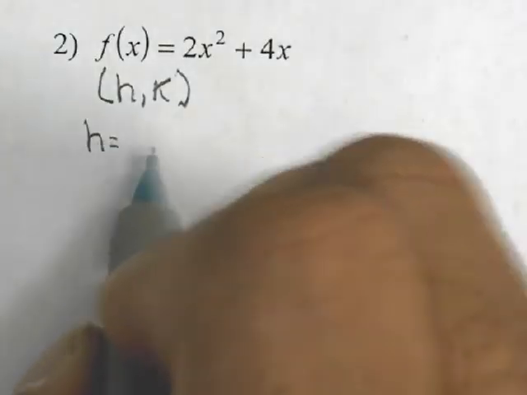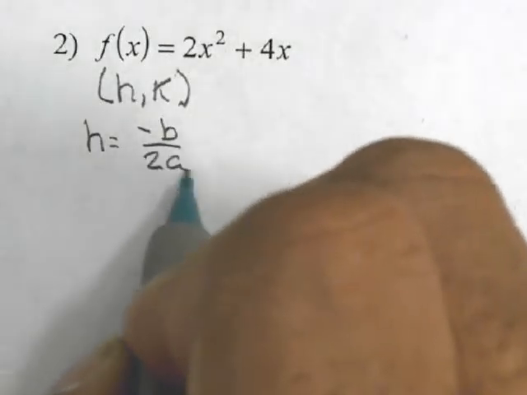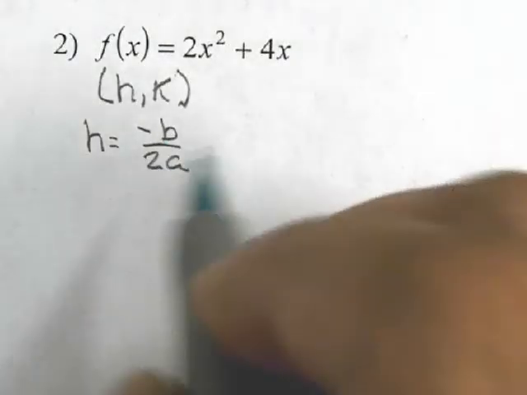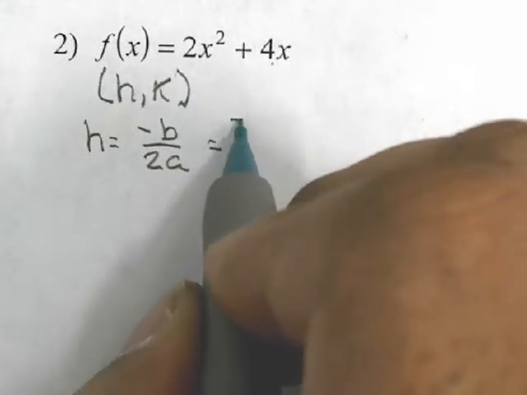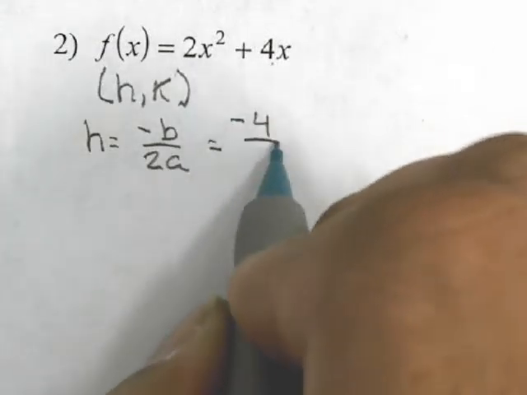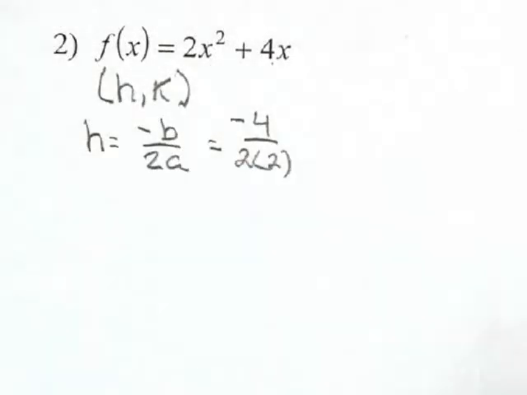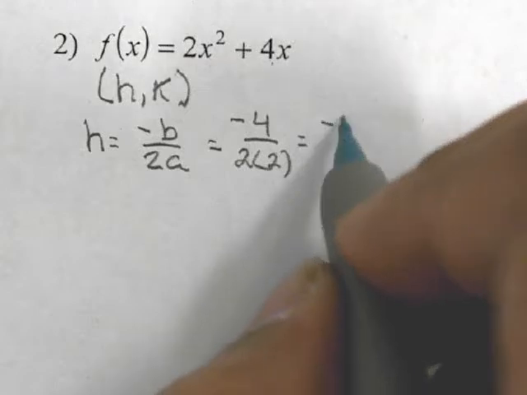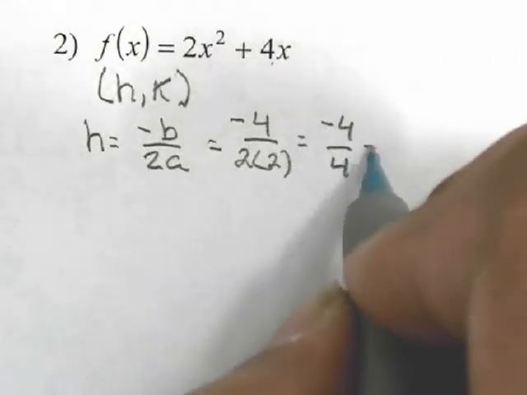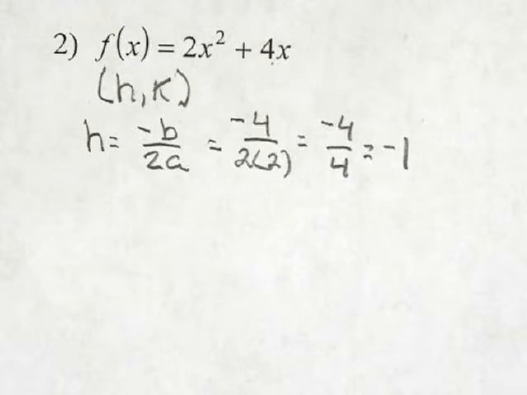H is equal to the opposite of b over 2a. Okay, b is equal to 4. So that's going to be negative 4 over 2 times 2. So that's just negative 4 over 4. So h is equal to negative 1.